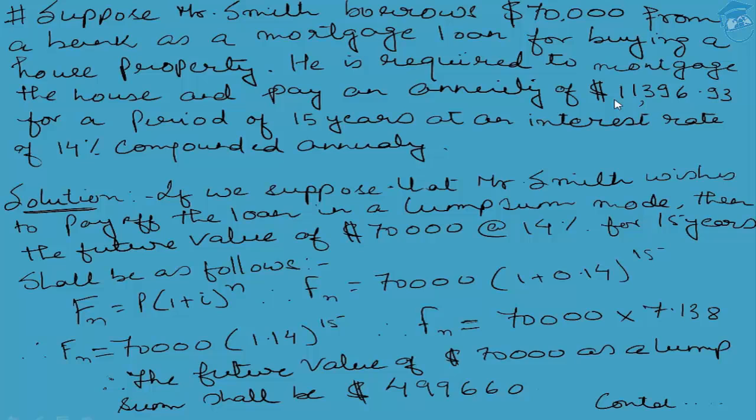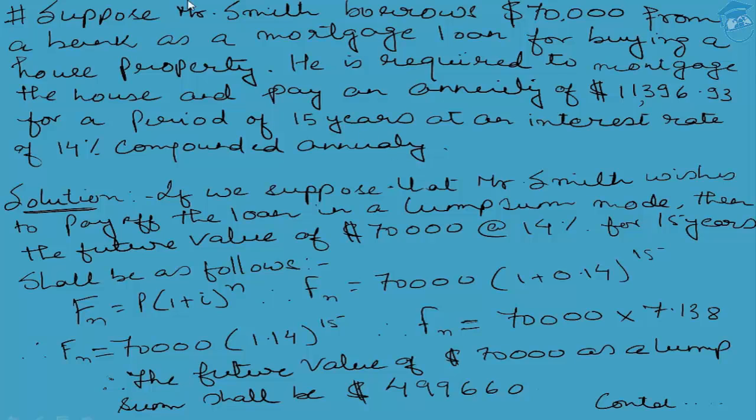He is required to mortgage the house and pay an annuity of 11,396.93 USD for a period of 15 years at an interest rate of 14% compounded annually.